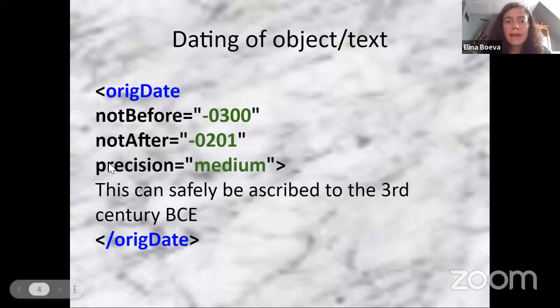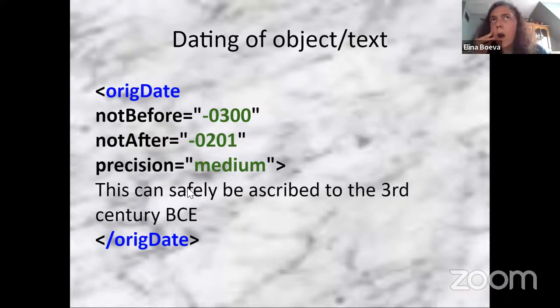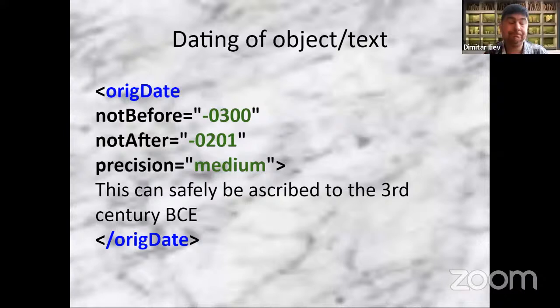Now, this is a bit superfluous information for me. Precision medium is that it is fairly precise that this can be ascribed to the 3rd century. In most cases, you won't have this precision. We would use the precision when it is low. Correct me if I'm wrong. I think that I always stress on this.